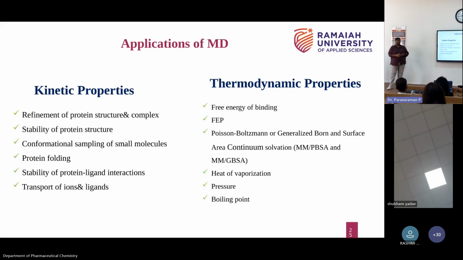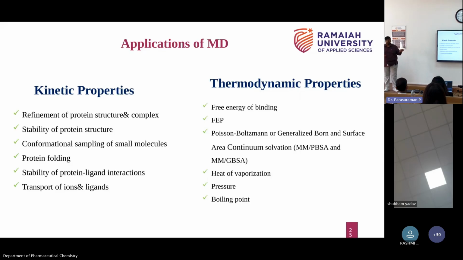Then we can check the stability of the protein for a particular simulation time, we can check the protein folding, the protein-ligand stability, and the transport of ions and ligands. That transport of ions and ligands we'll see in the next slide. We have a particular MD for that. Next we'll be seeing the thermodynamical properties. The MD has both applications, but generally for the particular protein and ligand, we'll be focusing mainly on kinetic properties.